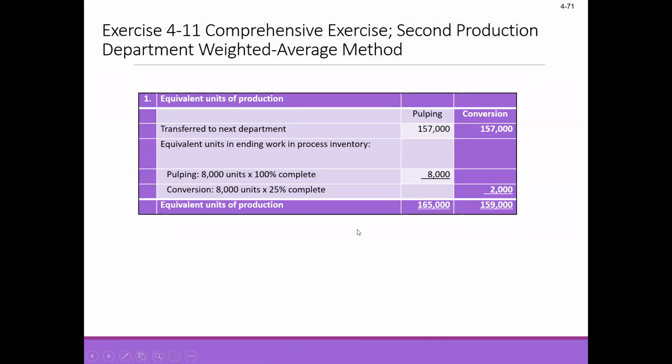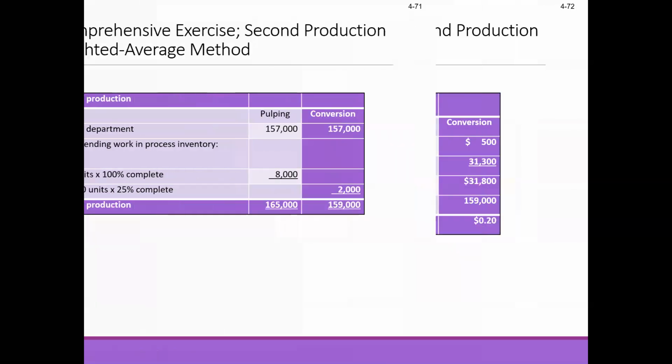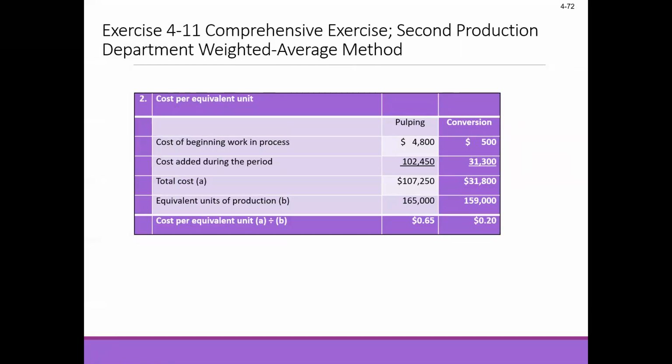So our equivalent units of production: 165,000 for pulping, and for conversion, 159,000 units. Now, you see those equivalent units of production came from the previous slide, 165 here, 159 here.